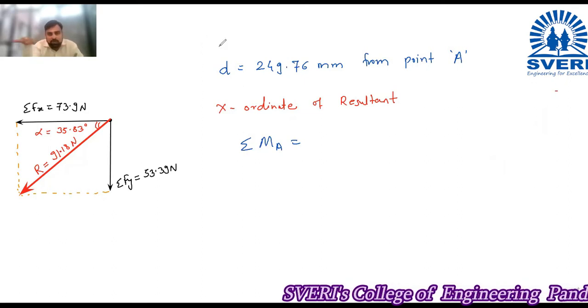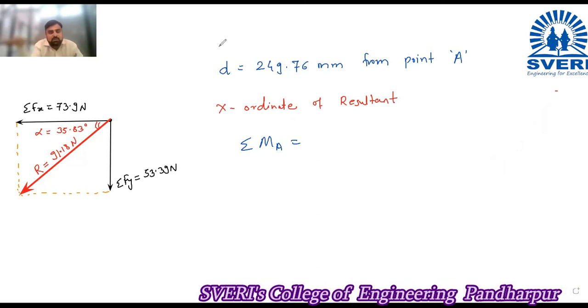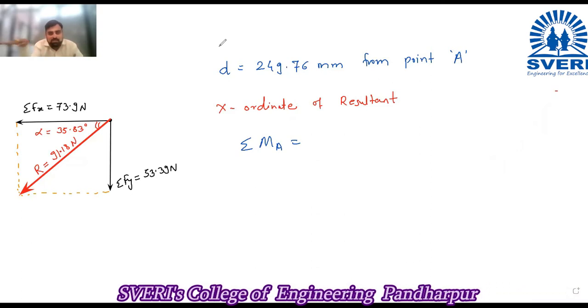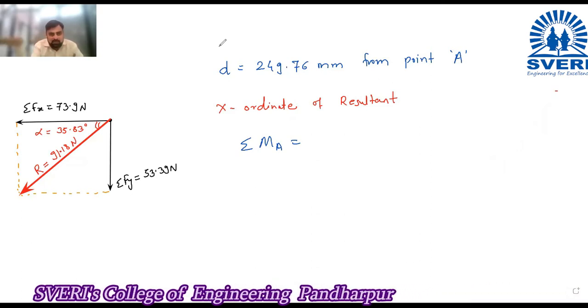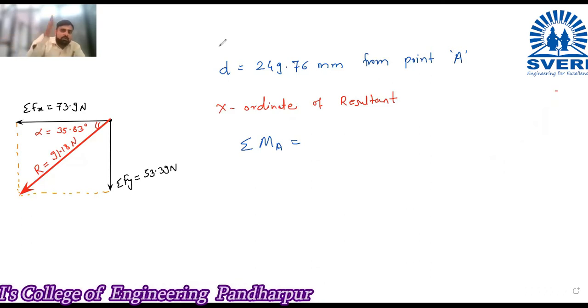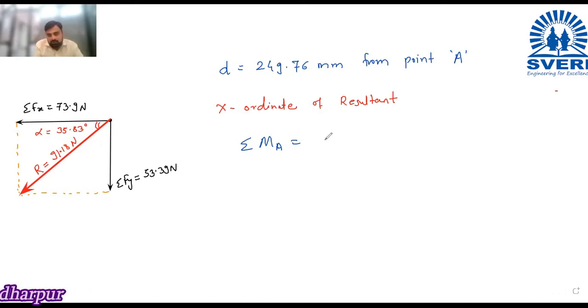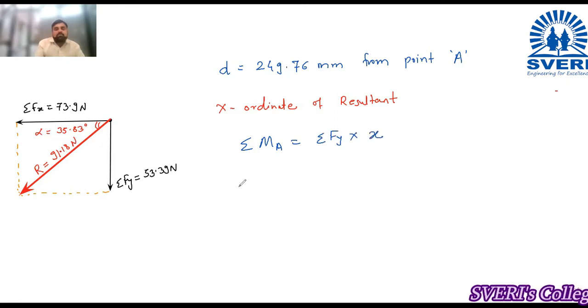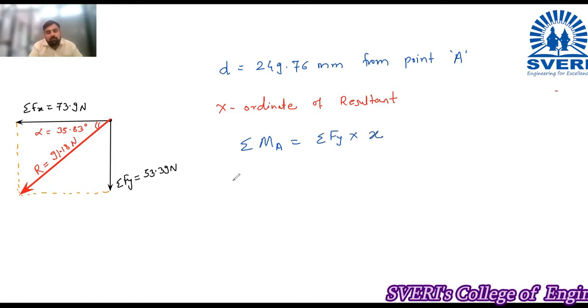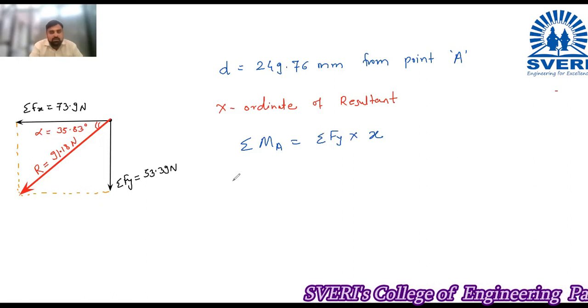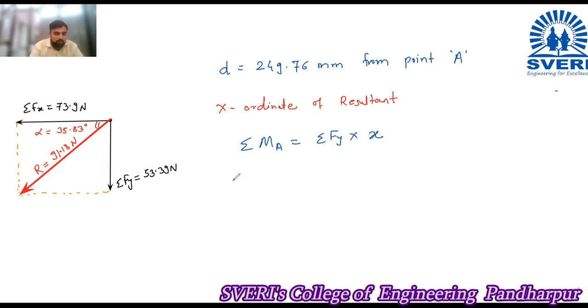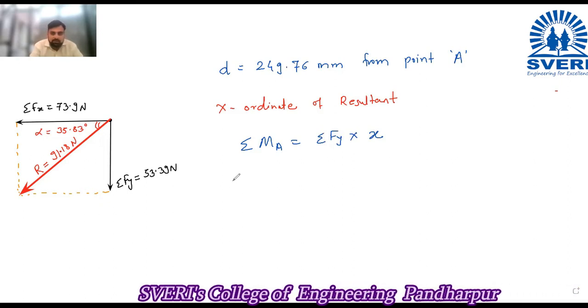Whenever you are calculating the x distance, the distance is horizontal, and if the distance is horizontal, the force must always be vertical. So here I will take summation Fy into x. This is as per Varignon's theorem. Two lectures back we studied Varignon's theorem.